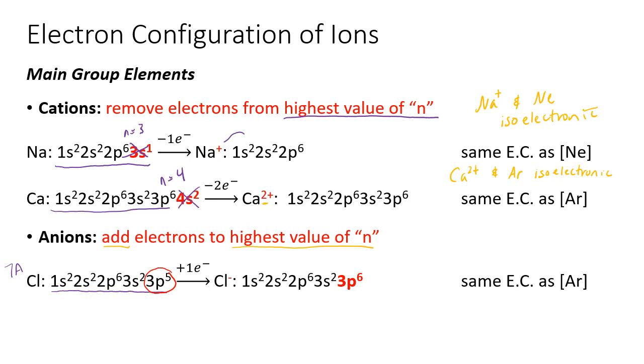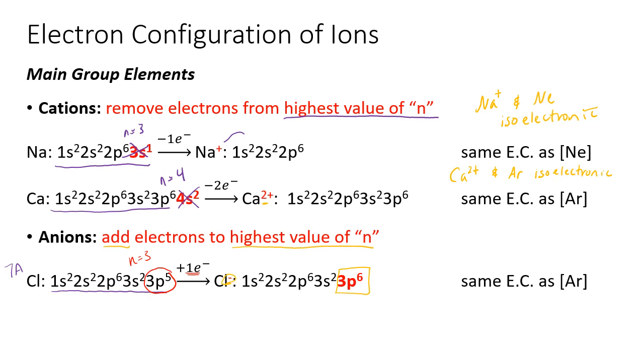So when chlorine gains 1 electron, it'll get added to the n equals 3 p subshell because we can fit 1 more electron in there. So that electron will add to the 3p subshell, and then it'll become 3p6 instead of 3p5. So when we form the chloride anion, there's a negative charge right here.